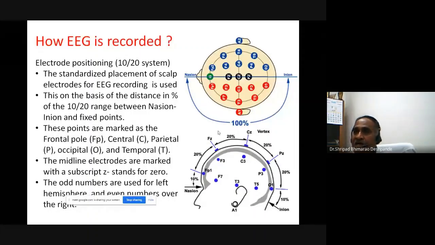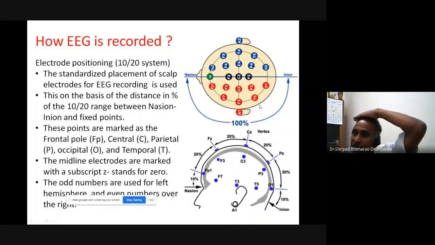Similarly here, where do you position them? Here is the scalp, and we have the top view. This is the nose, that is called the nasion, and this is the back of the head.